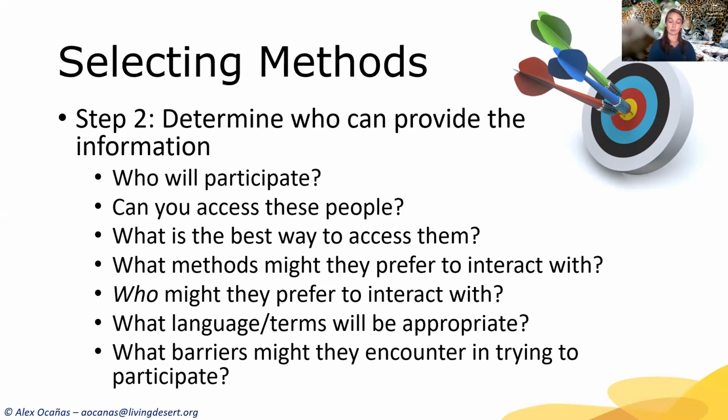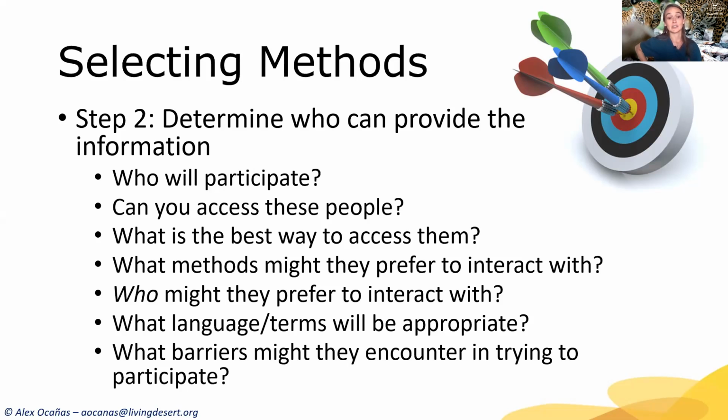Some other questions: what language or what terms will be appropriate? They might not be familiar with the terms that you're using. So how do you break this down? How do you employ a method that can get around maybe some complicated terms and make it easier for people to understand what you're asking them to give the appropriate data?